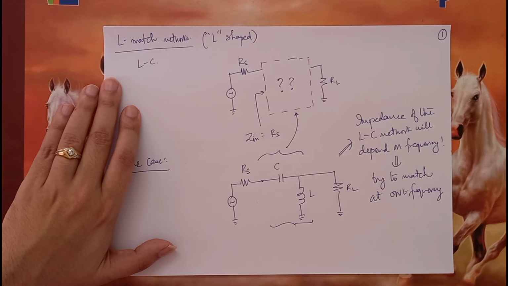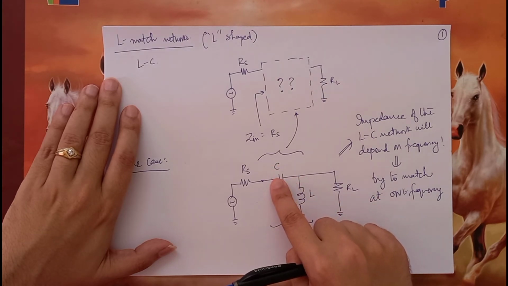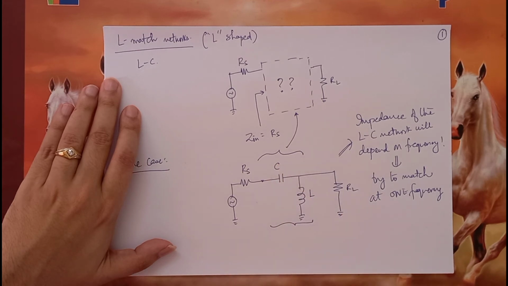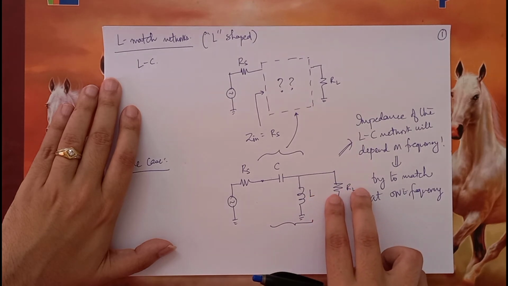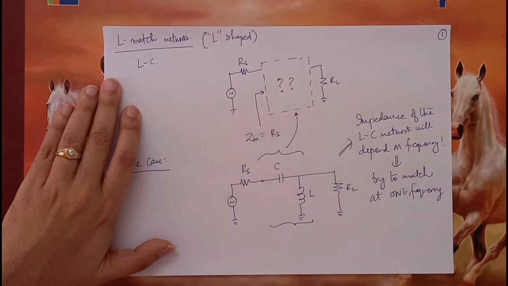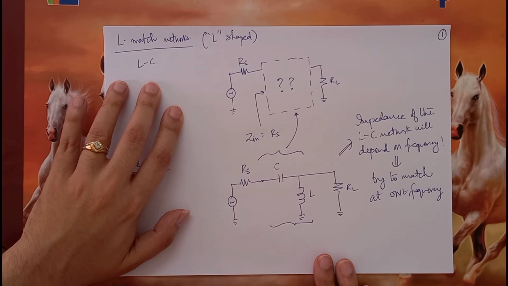So we have to look for one frequency where effectively the impedances of this L and C are minimized in such a way that this resistance transforms into Rs. At what frequency does the effect of L and C become least on the impedance?